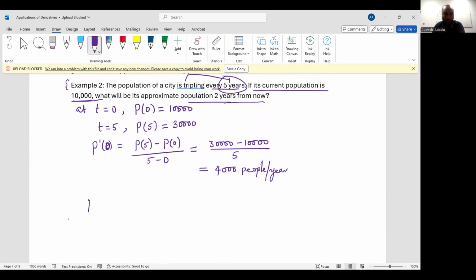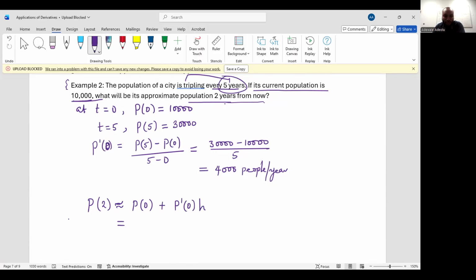So if we just say P of 2 will be approximately equal to P of 0, what we have now, plus the derivative of P at 0, times h.